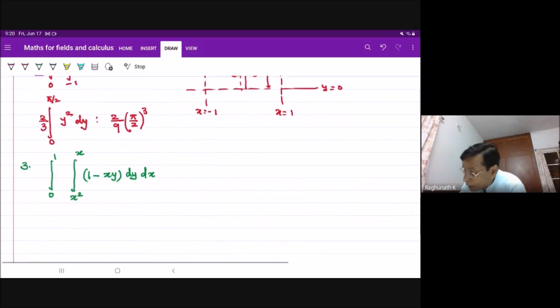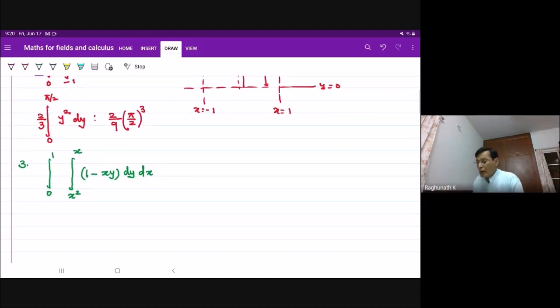Region of integration I'm talking about. These are y limits, no doubt about it, right? First integral is y. Ultimately, we integrate it with respect to y and substitute x squared and x, so that what I get is a function of x being integrated from 0 to 1 with respect to x.